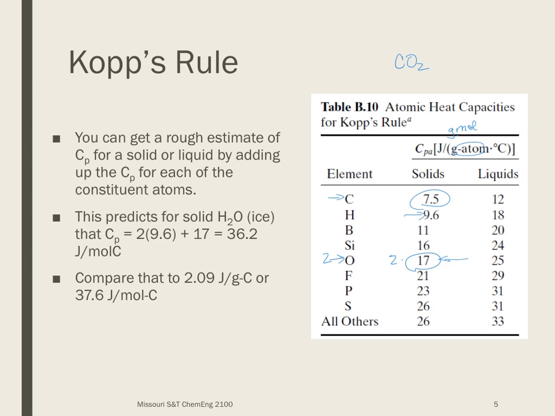For mass units, it's 2.09 joules per gram degree C. For mole units, it's 37.6 joules per mole degree C. Yes, this one is much closer to the prediction. That's one way to convince yourself that this is a very cryptic way of saying a gram mole.